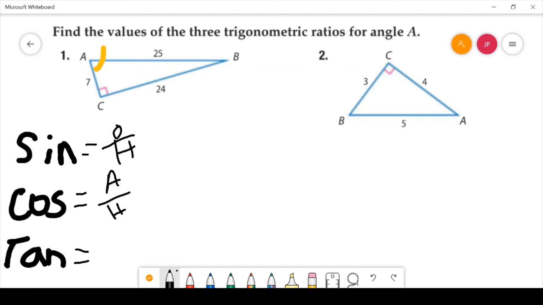So this first one is going to be opposite, which is 24, over hypotenuse, which is 25.